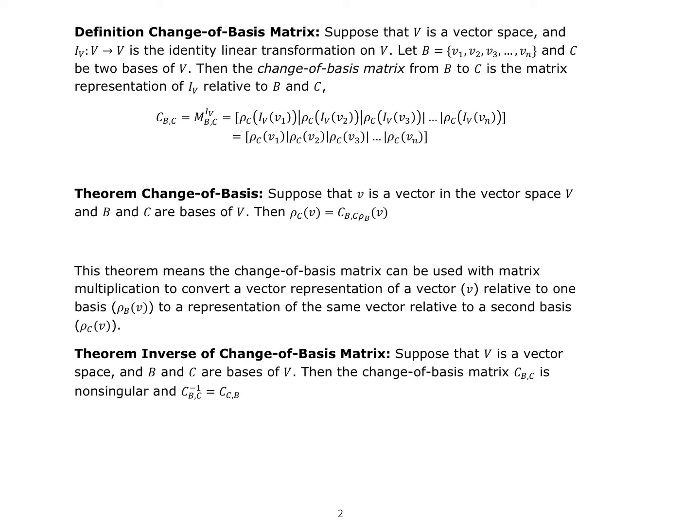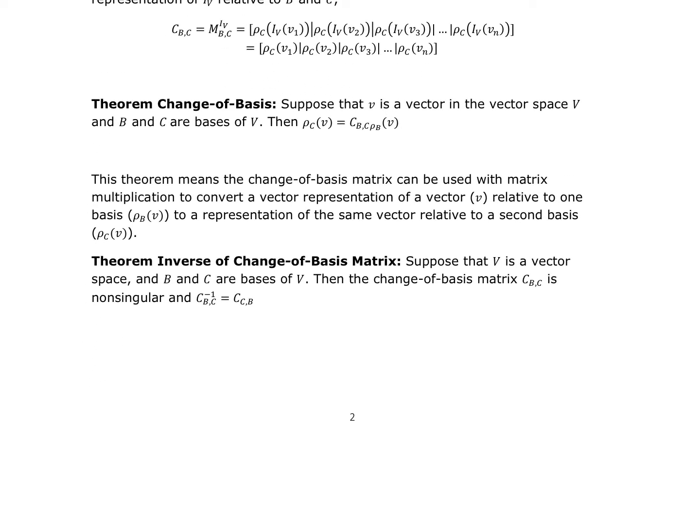This theorem basically means that the change of basis matrix can be used with matrix multiplication to convert a vector representation of v relative to one basis to a representation of the vector relative to a second basis.